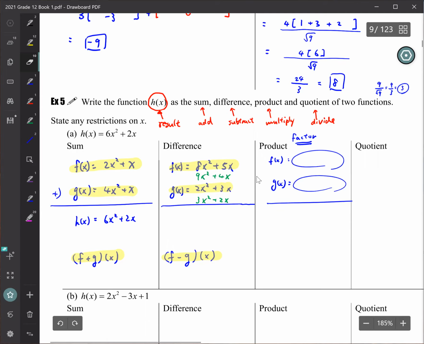We shouldn't get everyone the same answers, but just pick the easiest, but don't use one. So please do not put an answer like f of x equals 1, g of x equals 6x squared plus 2x. Please don't do that, then every answer is like that. Raise your hand when you finish product.